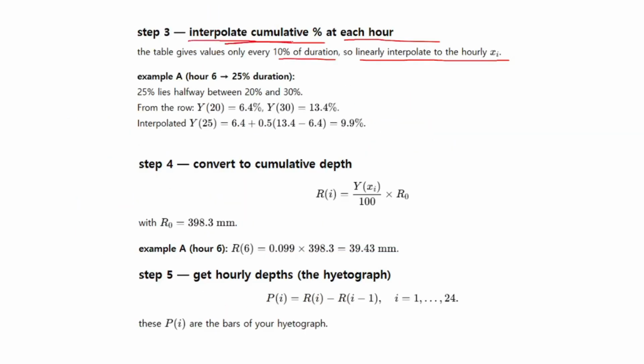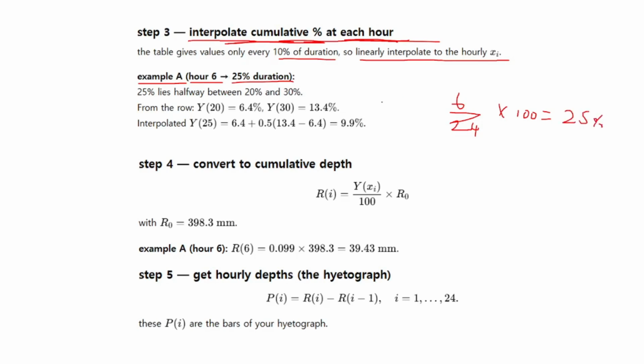So we have to interpolate the cumulative percentage at each hour. Okay, so let's look at example A. For hour 6, in our homework problem, we have the 25% duration. That means 6 out of 24 times 100 equals 25%.